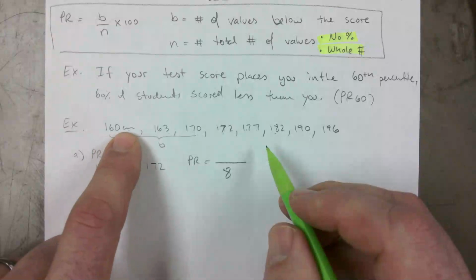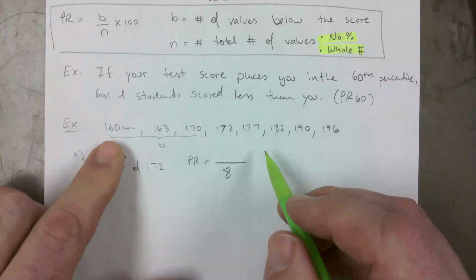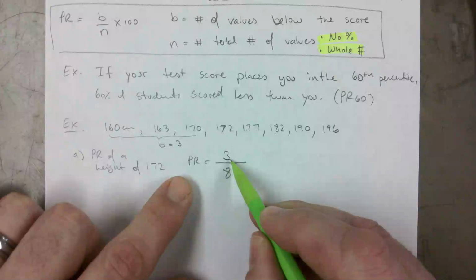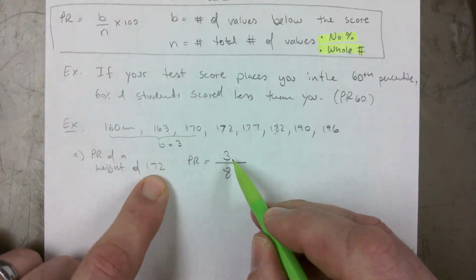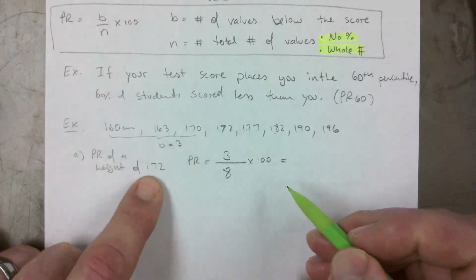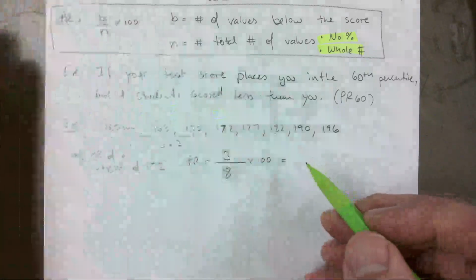Don't add them up, okay? Read the question carefully. There's 3 values or 3 players that are shorter than 172. So you're ranking this height, how does that compare to everybody else?